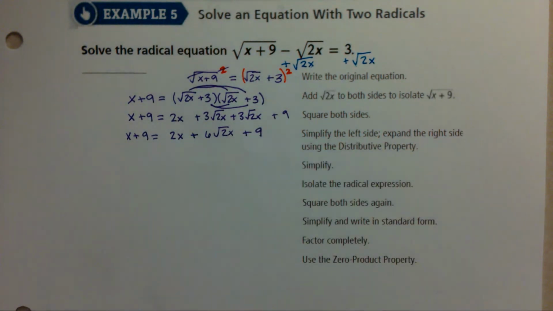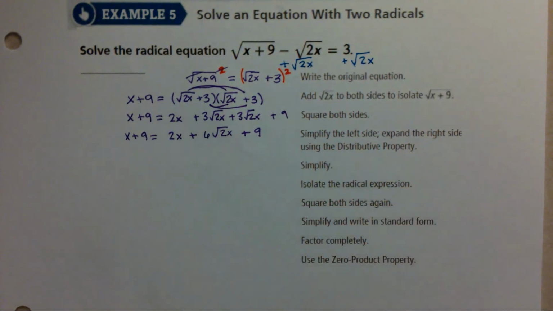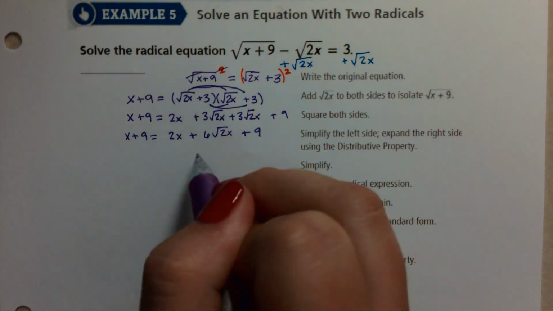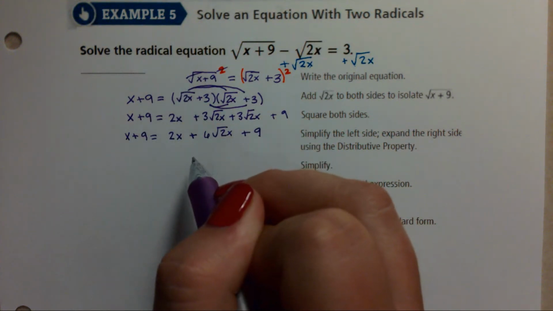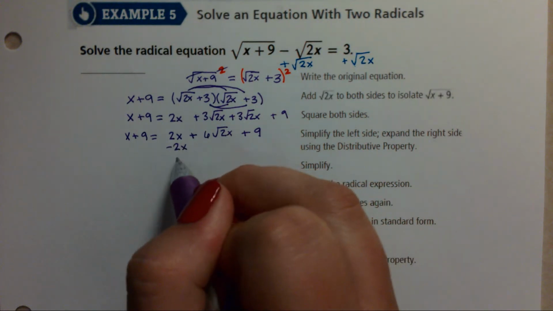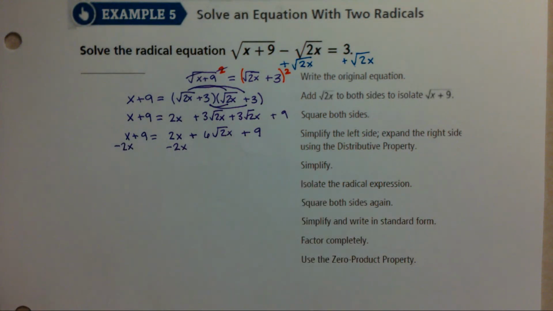And now we're in the same situation we were in a second ago. We want to isolate the radical expression, so I've got to get rid of everything else. So I'm going to start by subtracting over to the left 2x and 9.